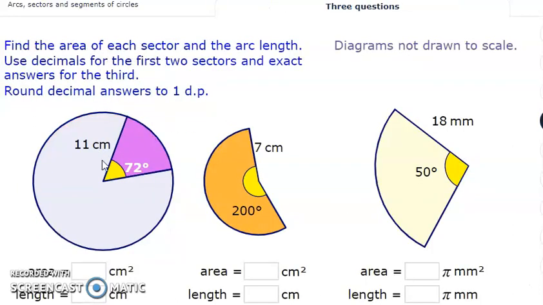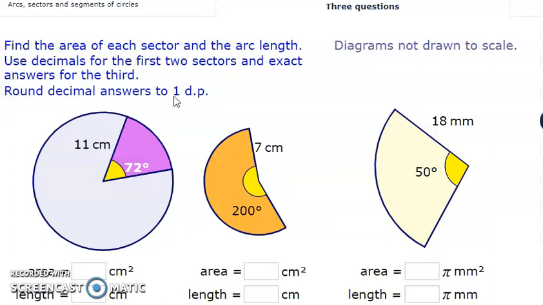I feel so far everything that I explained in the previous slides were clear to you. Then here you have few questions. Find the area of each sector and arc length. Use decimals for the first two sectors and exact answer for the third one. So here is this diagram, not to scale.